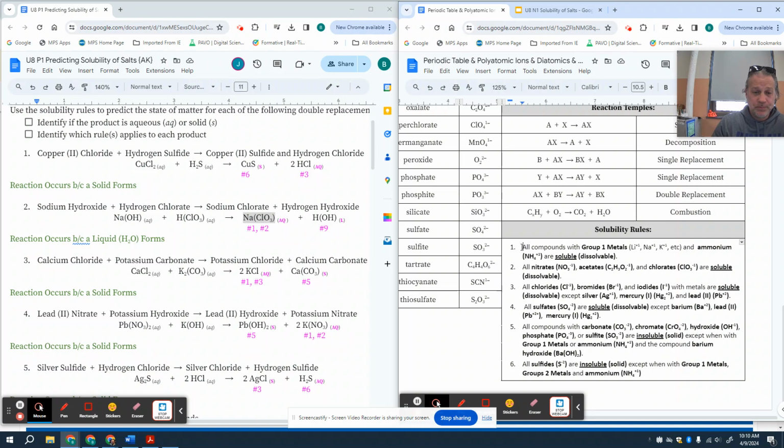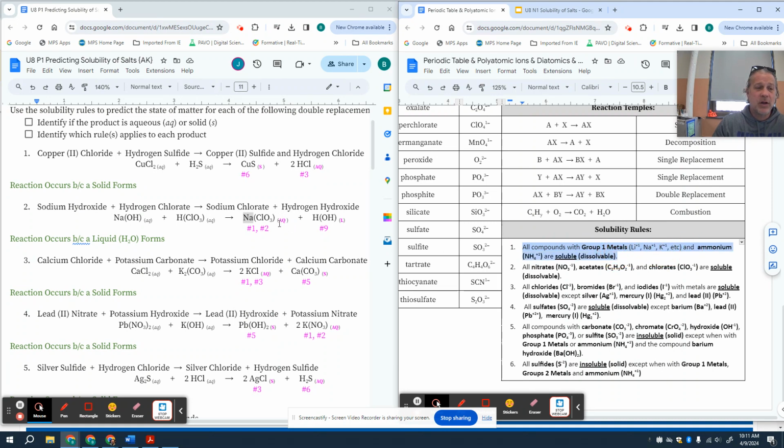So I start with rule number 1: all compounds with group 1 metals like lithium, Li, sodium, Na, or potassium, K. Well, look, sodium is present here, so that tells me that rule number 1 probably applies to that compound. It says all group 1 metals are soluble.